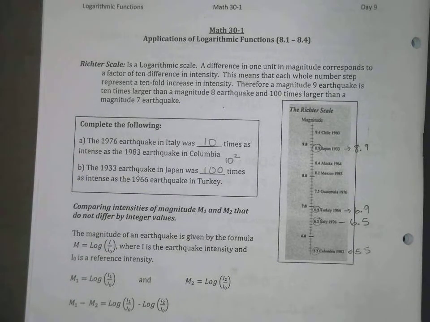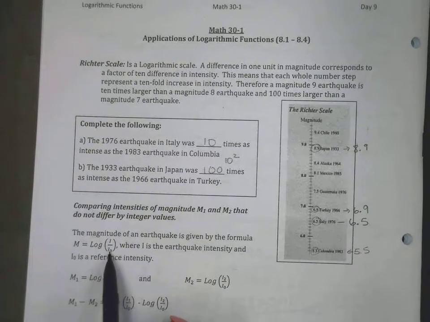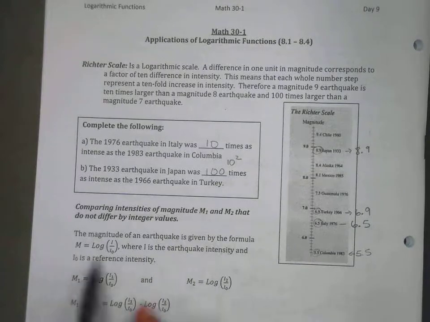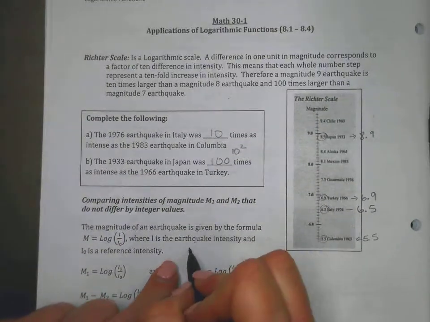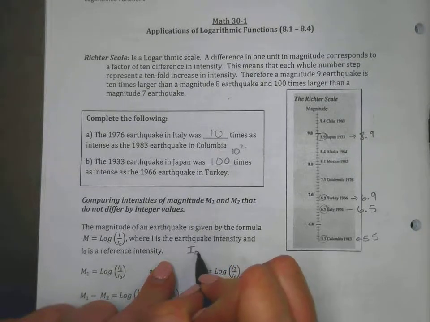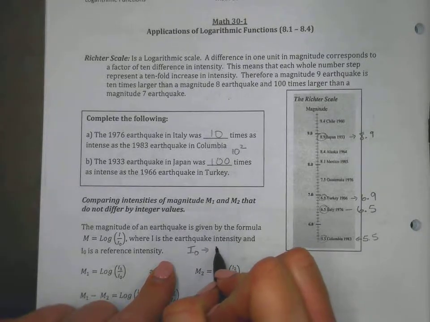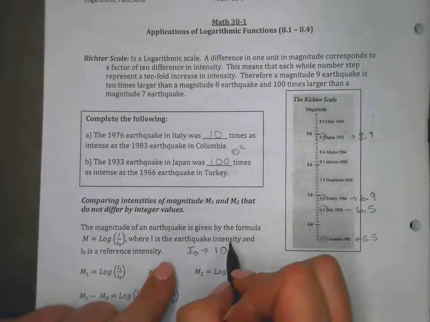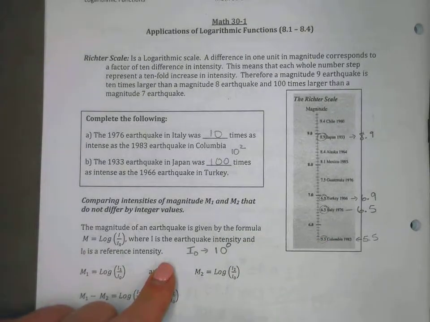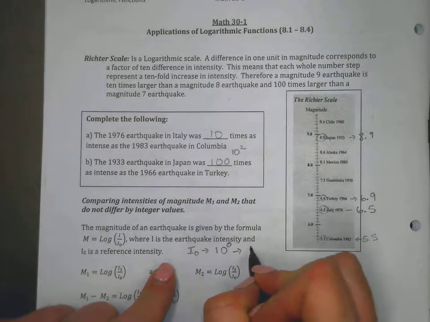Technically our reference intensity is always represented as 10 to the power of 0, and 10 to the power of 0 is 1. So this reference intensity always represents a value of 1, so it really has no effect on the formula. It's just always in the formula.